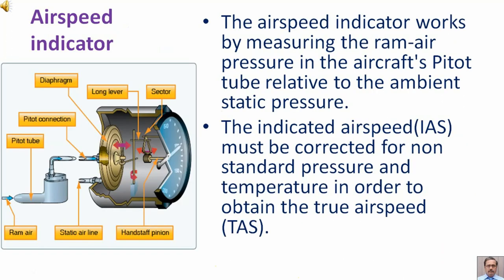The airspeed indicator works by measuring the ram air pressure in the aircraft's pitot tube relative to the ambient static pressure. The indicated airspeed must be corrected for non-standard pressure and temperature in order to obtain the true airspeed.